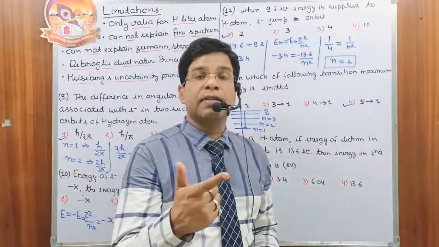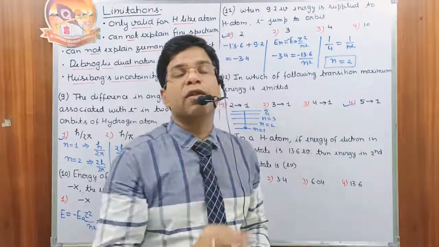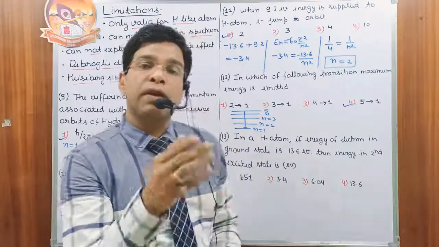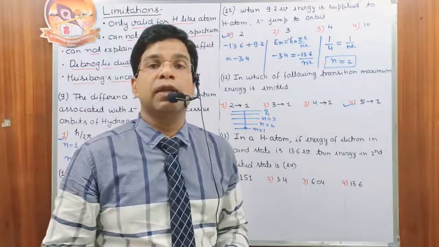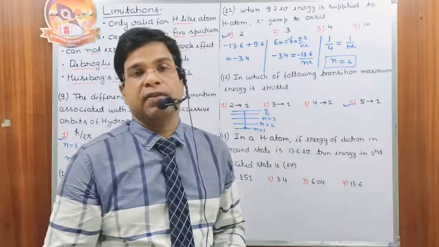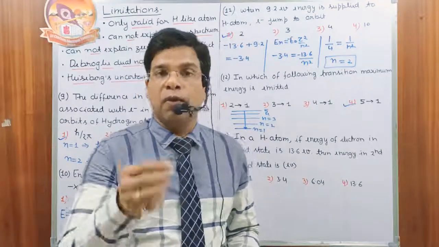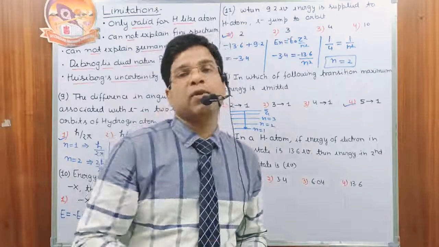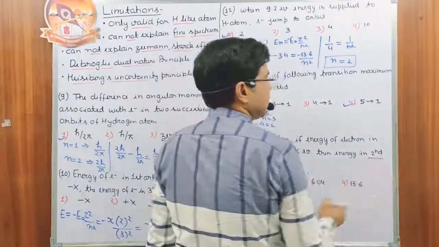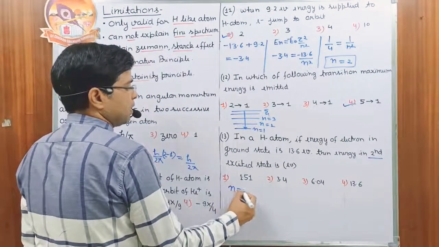The first excited state, when the electron is present in n equal to 2. When we excite more, when the electron comes to n equal to 3, it is called the second excited state. The third excited state is n equal to 4. The fourth excited state is n equal to 5. So the electron is present in the second excited state, meaning the third shell.